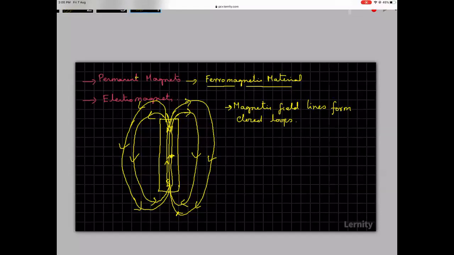Yeah, so if this is understood, then we're done. So we understand this. They'll ask you to draw the field lines for a bar magnet.